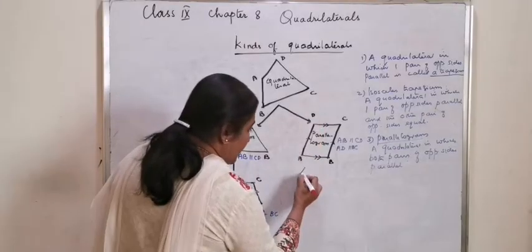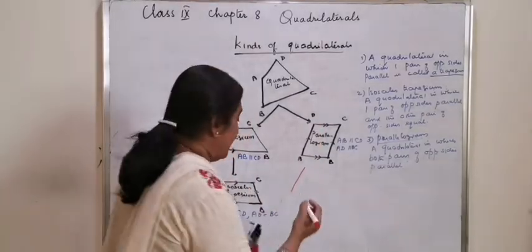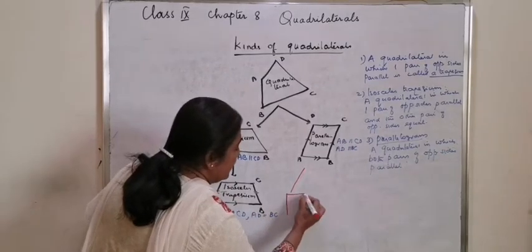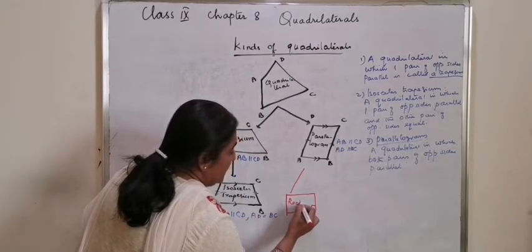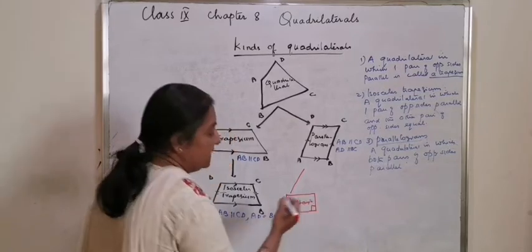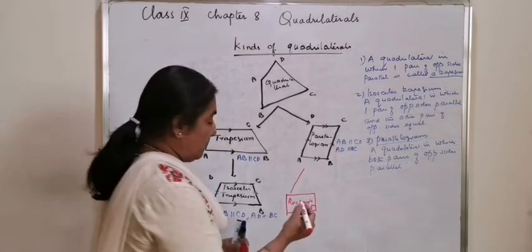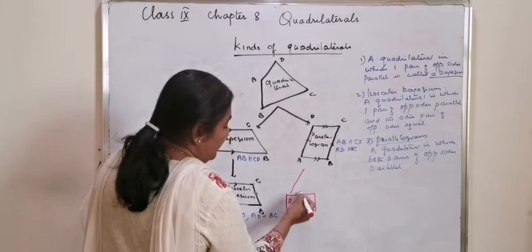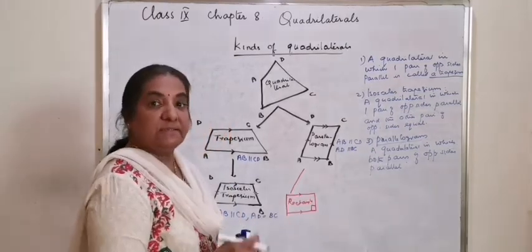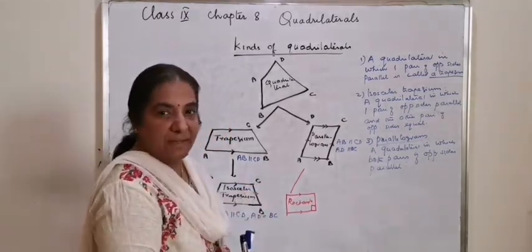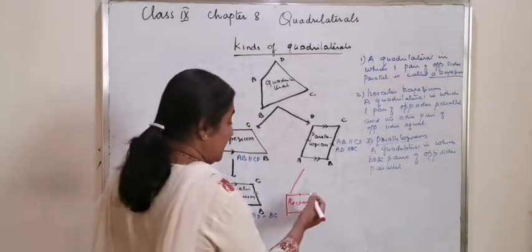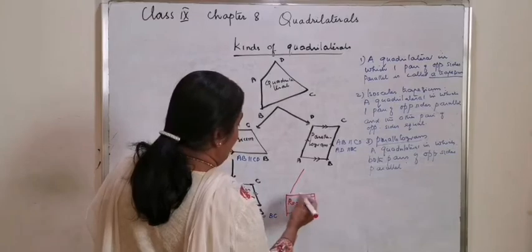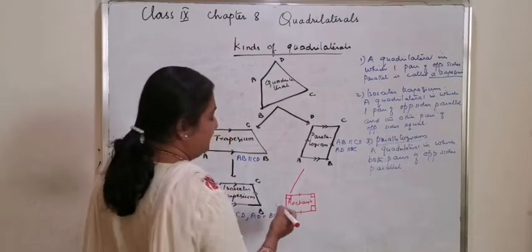A parallelogram with one angle as 90 degree is called a rectangle, because the property of the parallelogram shows that the pairs of opposite sides are parallel. By applying the property of parallel lines, we can calculate that all angles are 90 degree.